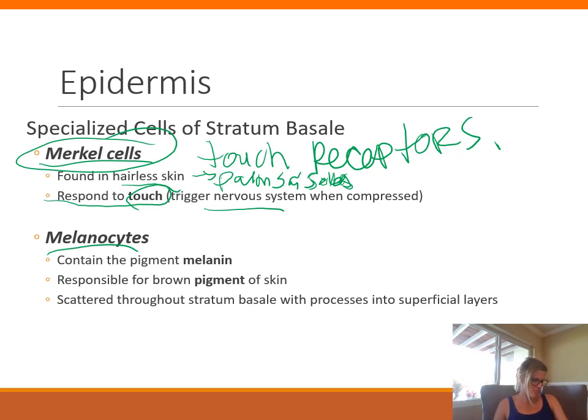Almost everywhere else, our skin has hair on it. There are a few exceptions. We'll talk about this when we do the accessory structures, but like the labia minora, which are external genitalia on the female, parts of the penis in the male, the eye, those areas don't have hair either, but most of your thin skin has hair present. But the palms of the hands and the soles of the feet, there is no hair present.